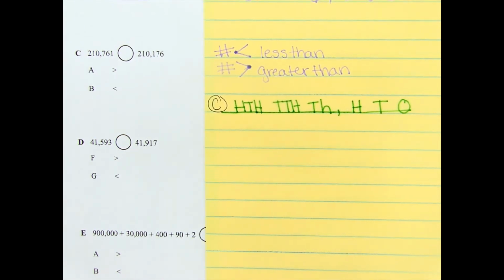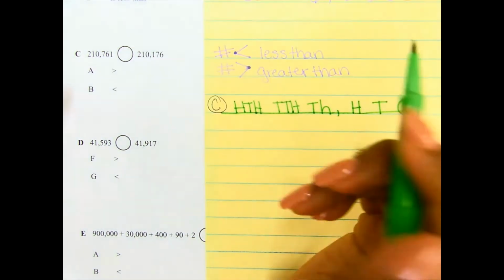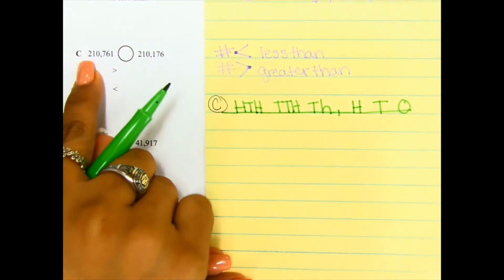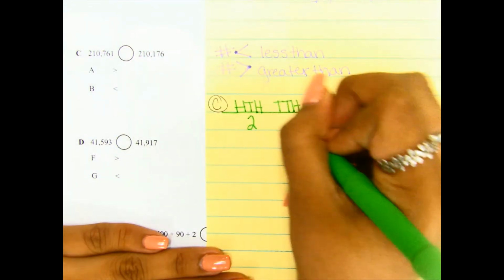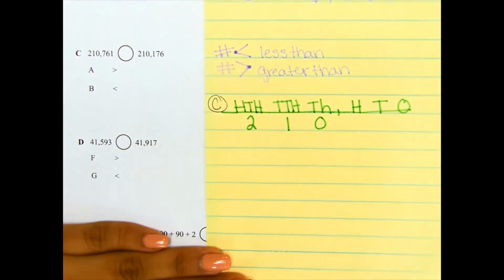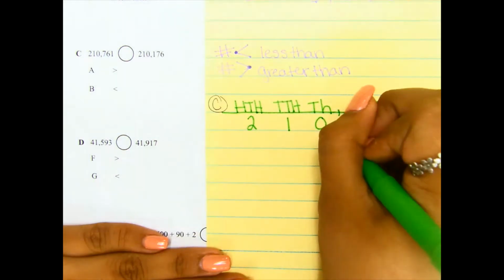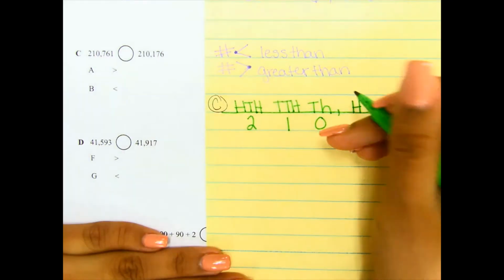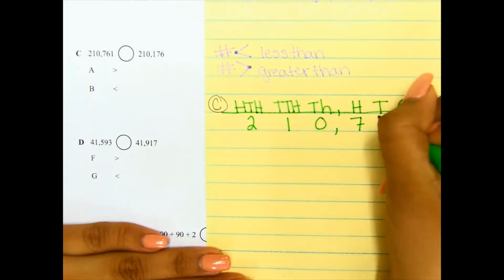Let's look at our first number on letter C. I'm going to start off by looking at my thousands period, and I have 210. Now I'm going to look at my ones period. My ones period says I have 761.